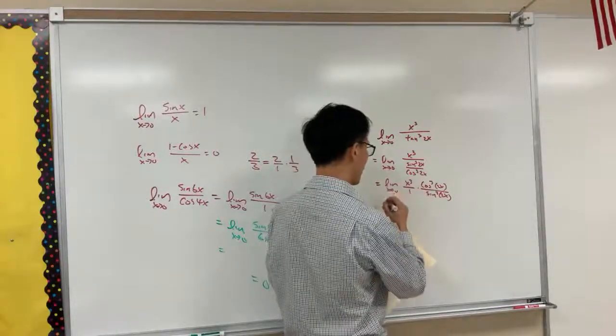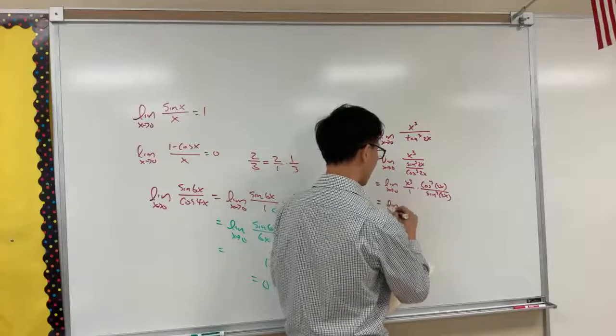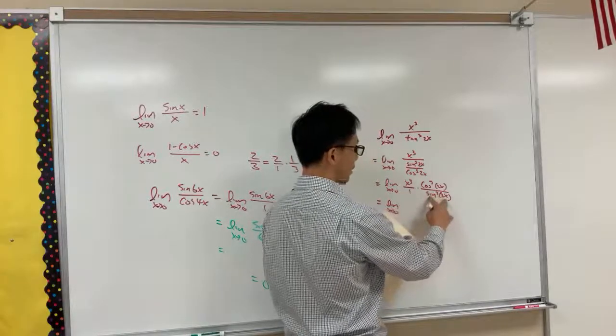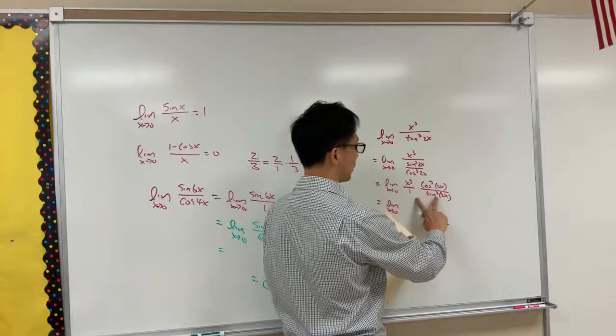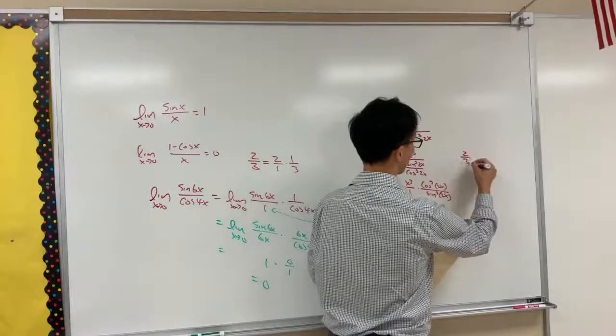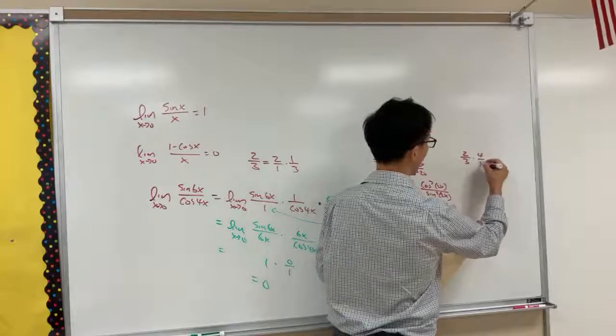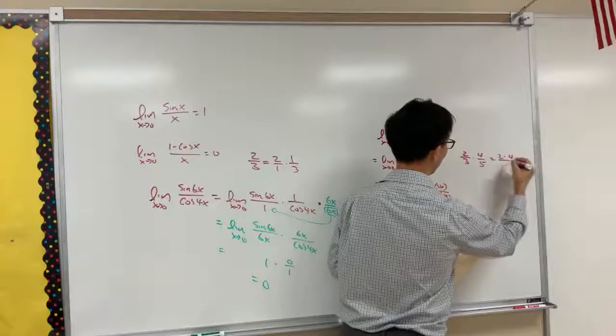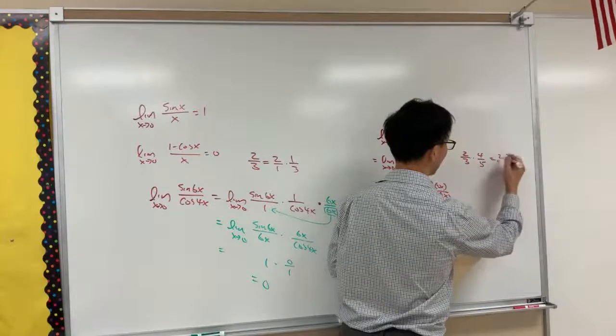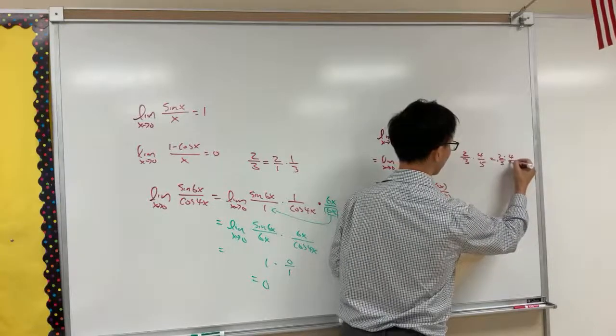Then I'm going to have the limit as x approaches 0. I want the sine cubed of 2x with this. So I can switch the order here because 2 times 3 times 4 times 5 is equal to 2 times 4 times 5 times 3.